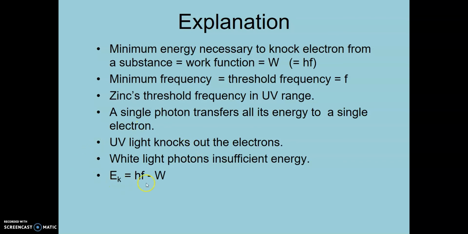And this equation shows that if the energy of the photon, equal to hf, is bigger than the work function, then any additional amount is transferred to the kinetic energy of the electron that is ejected, sometimes called the photoelectron. So where the photon has more energy than the work function, the difference goes to the kinetic energy of the ejected electrons.